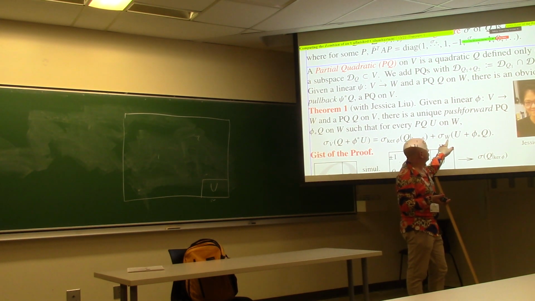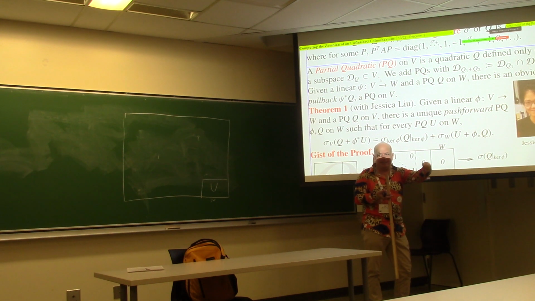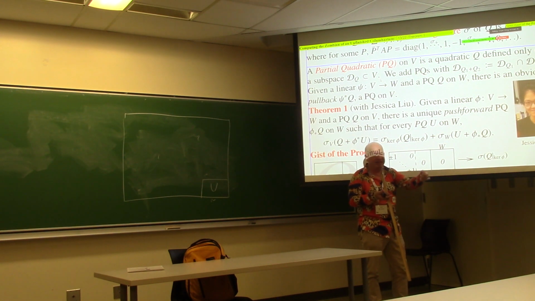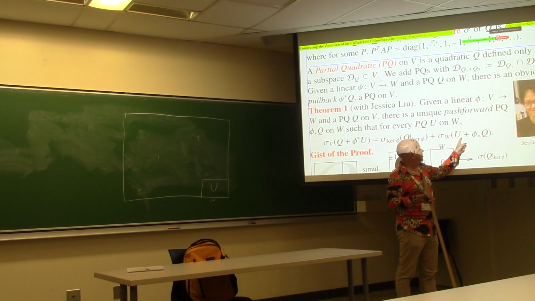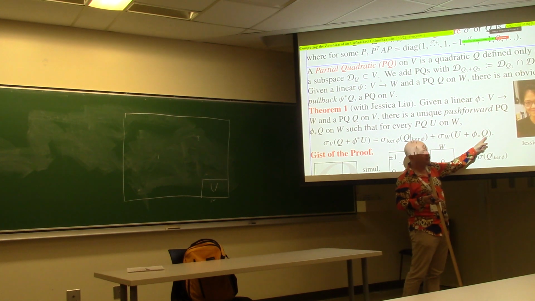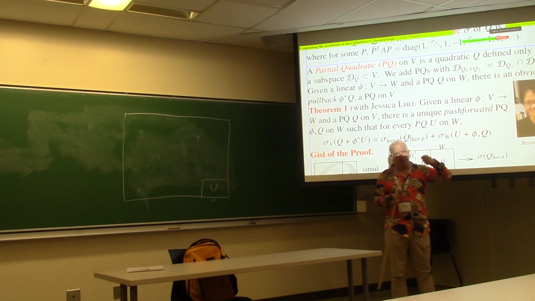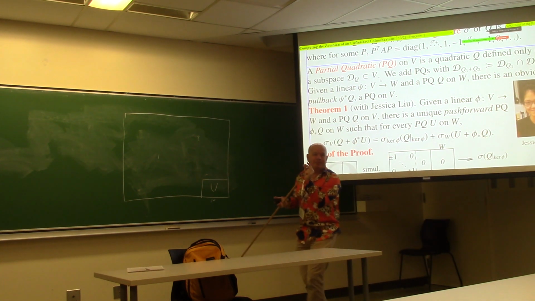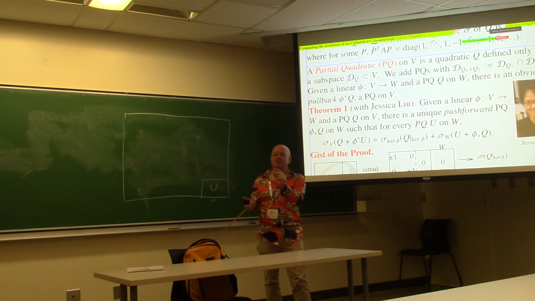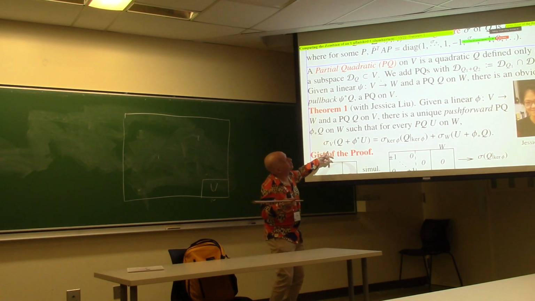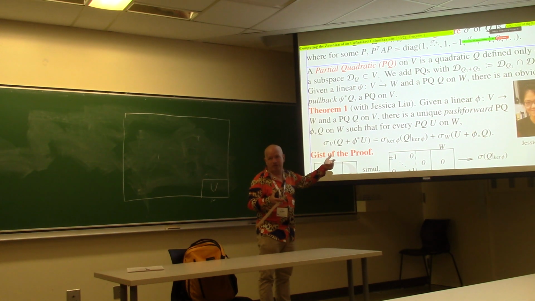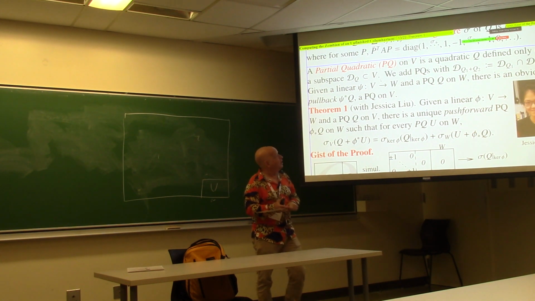This is the signature computed on the target space, which is presumably a small space, of the unknown quadratic plus the push forward of the original quadratic. The push forward is something that lives on a small space. So this theorem solves the problem for signatures.